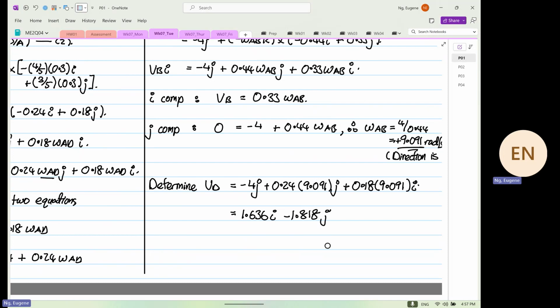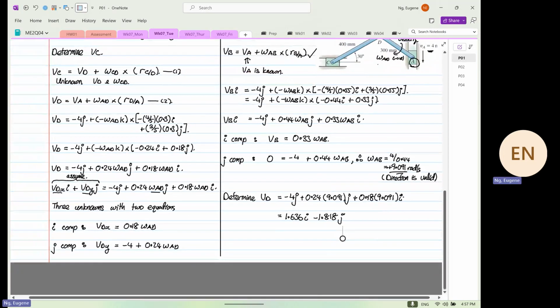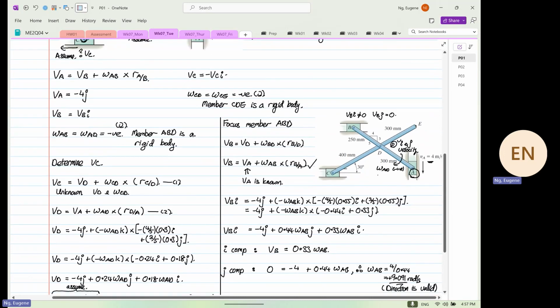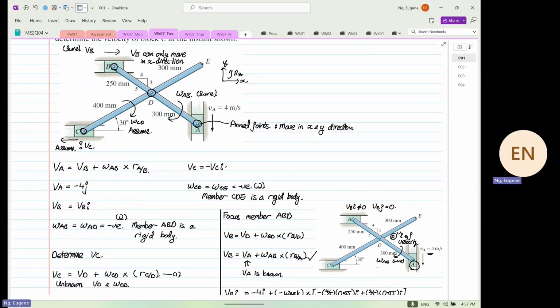So what it means for point D, okay, we have the velocity will look like this. The velocity at point D will look like this. Okay, it will come down this way.